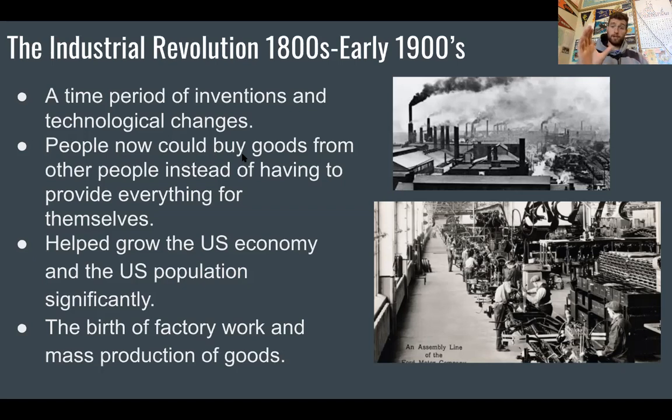Before this time period, most people relied on working as either a farmer or some type of craftsman, where they would do some craft work. They'd be a blacksmith, or a leather worker, or things of that nature, right? They maybe would sew and produce textiles, but for the most part, it wasn't mass production, and it wasn't enough to where people could consistently produce, regardless of the conditions, and consistently make money.